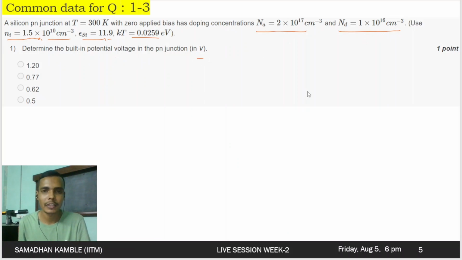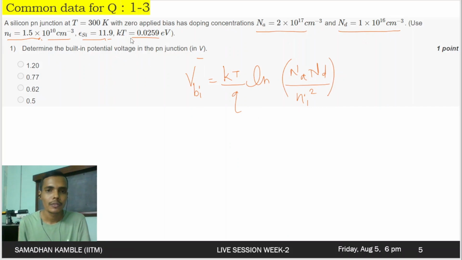As we saw in the summary, the built-in potential V built-in is given as kT over q times ln of Na times Nd over ni square. Okay, so we can substitute the values of these parameters.